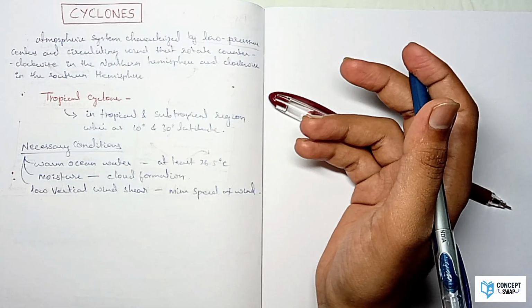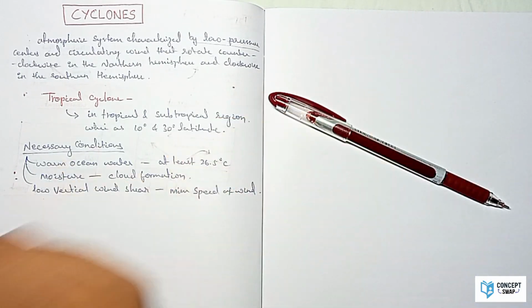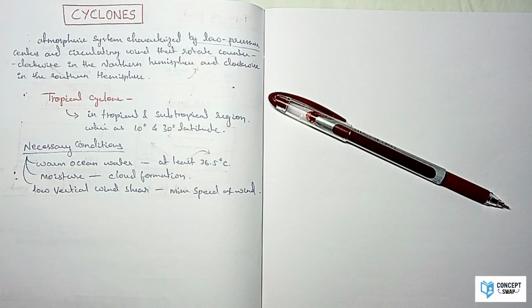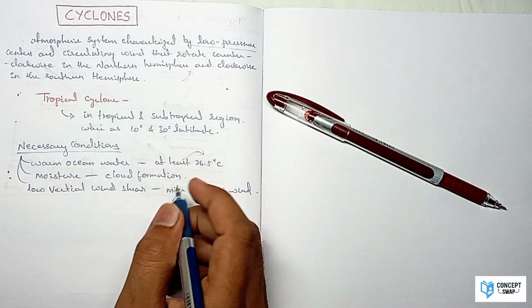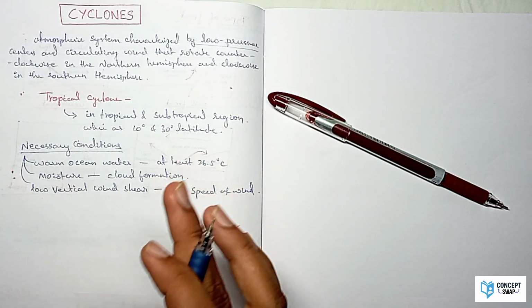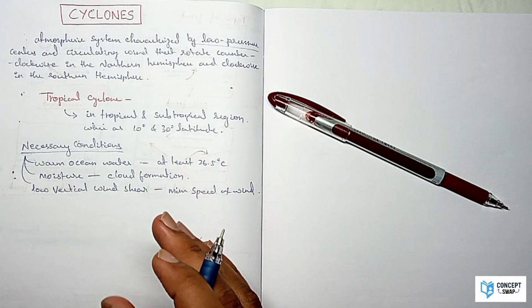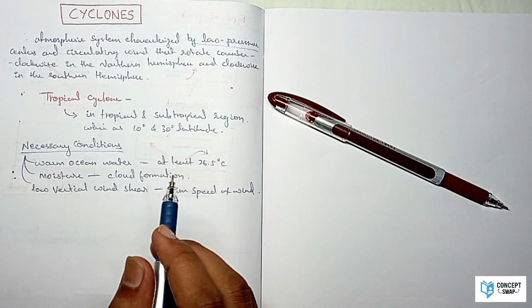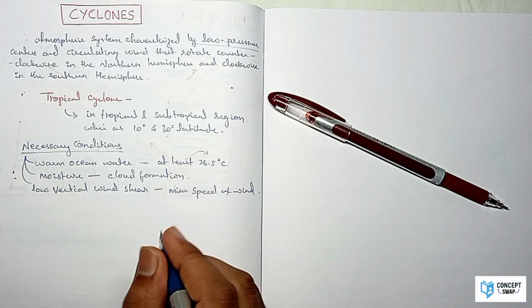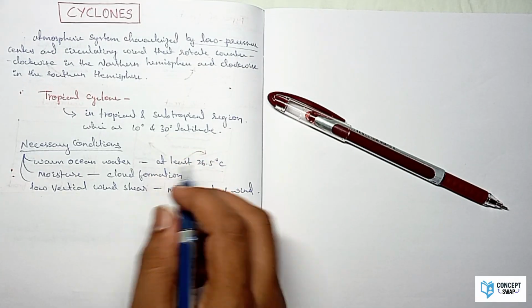Then the structure. The main structure of the cyclone has some named parts. They are the eye, eye wall, rain bands, etc. What is the eye?